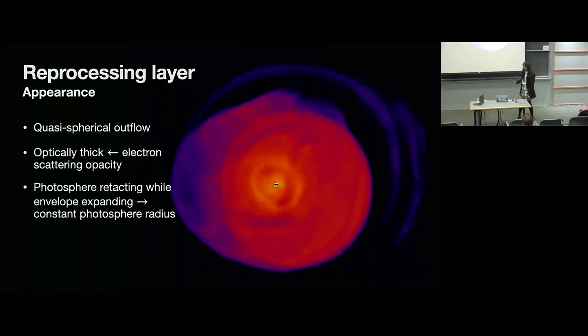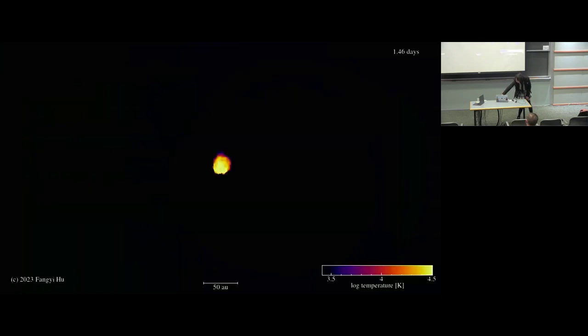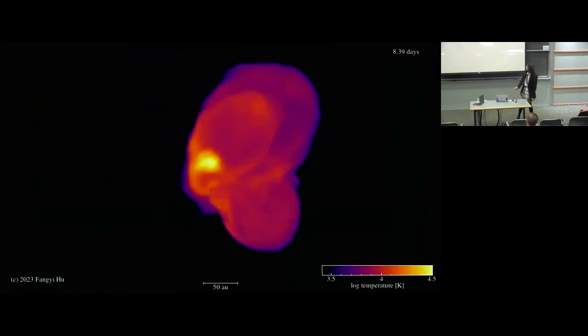What we see is that the photosphere expands initially, and then as it expands, the outer layer cools down, so the photosphere contracts, which makes the whole photosphere stay at a roughly constant radius. So, outflow. Here, that's the expansion phase.